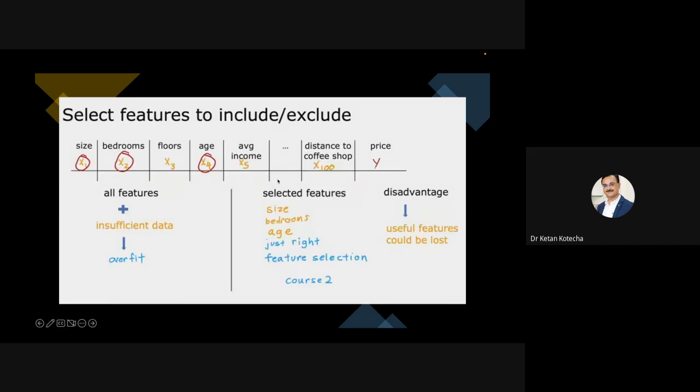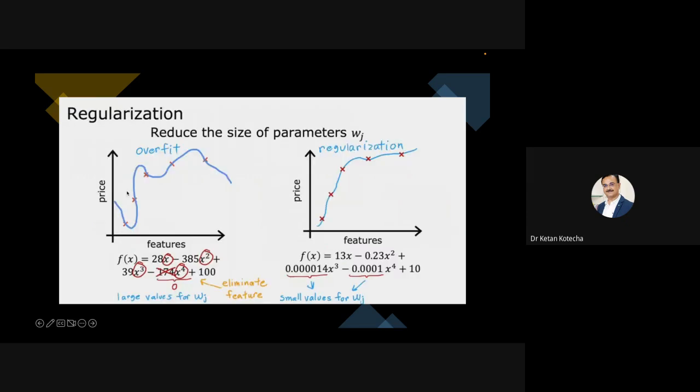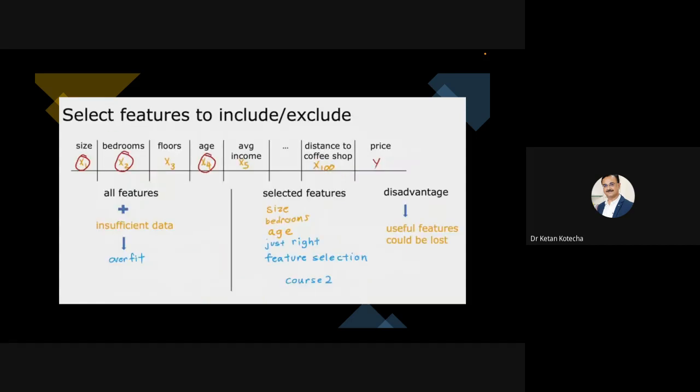Another way is select the features. So if you select all the features, there are a large number of features, size or bedroom or number of floors or age of a house or age of a person or average income, everything. And if the features are many, but the data size is very less, then there are very huge chances of overfitting. Right?